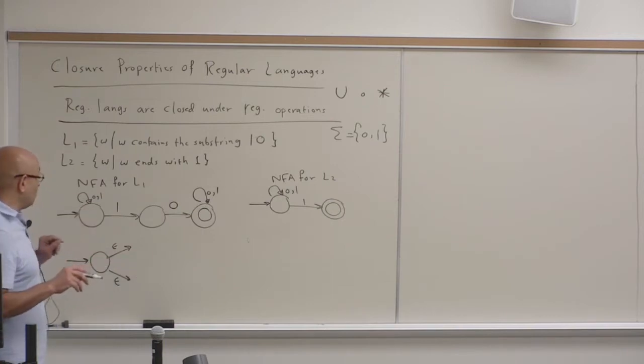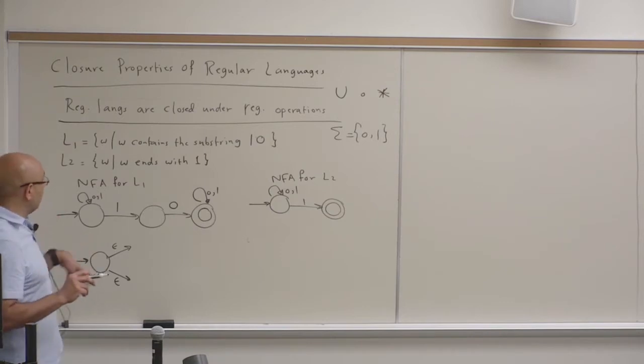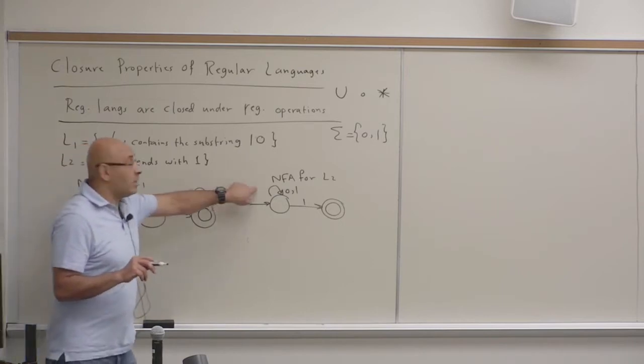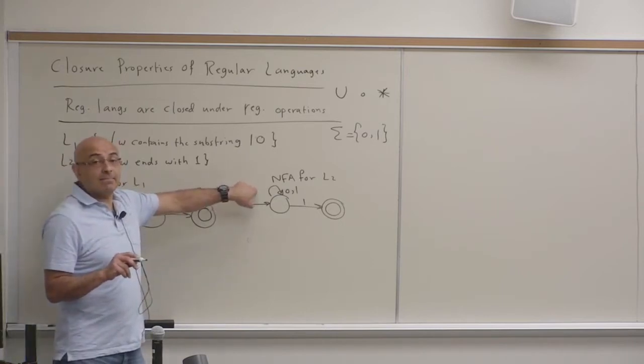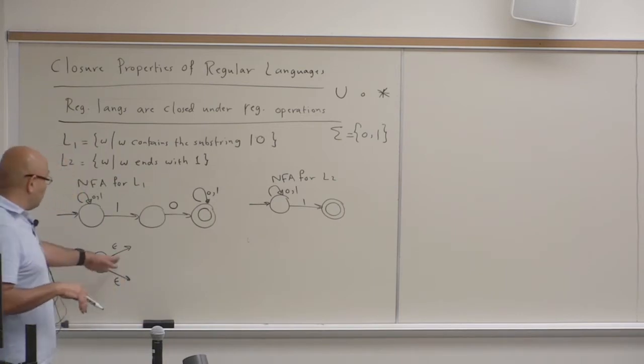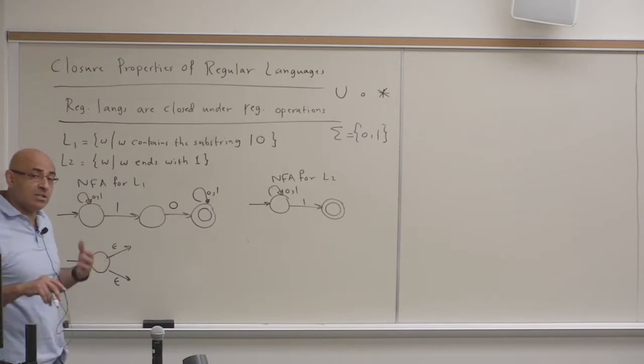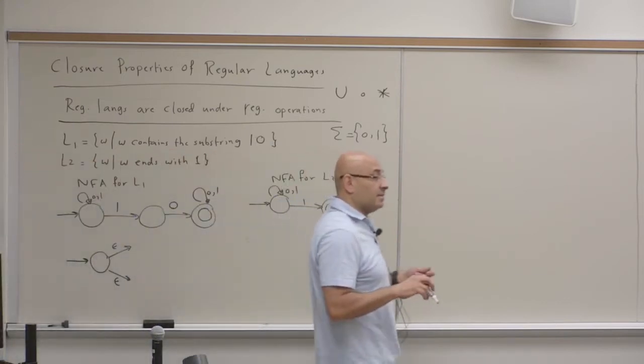That's a straightforward way of representing the union, because if a string belongs to this or this, it will get accepted. So union is or. And for or, we just put two paths or two options. And that's why NFAs are much easier to work with than DFAs.